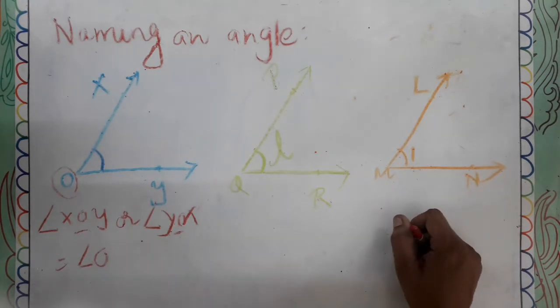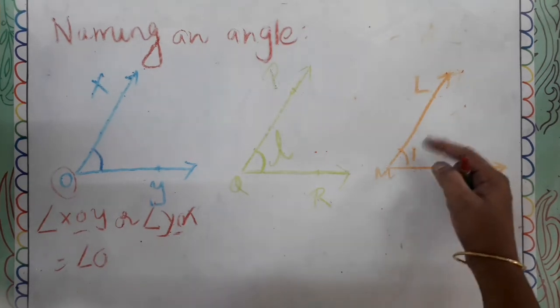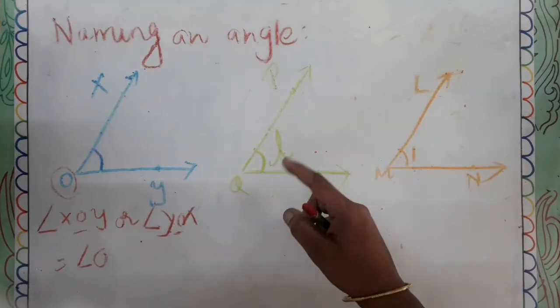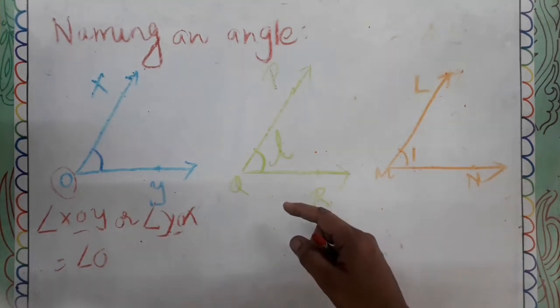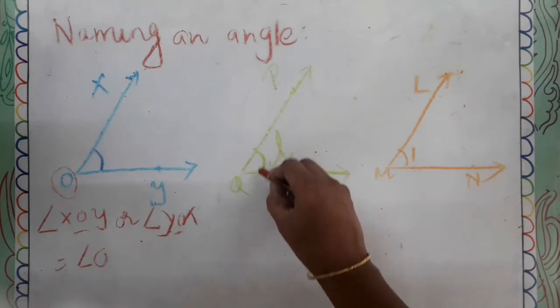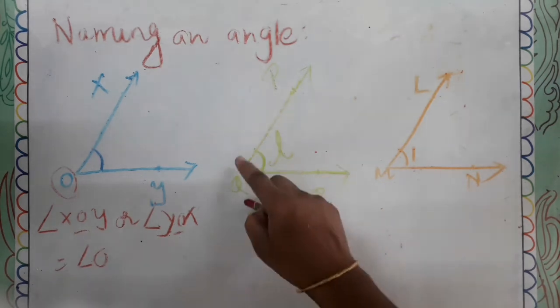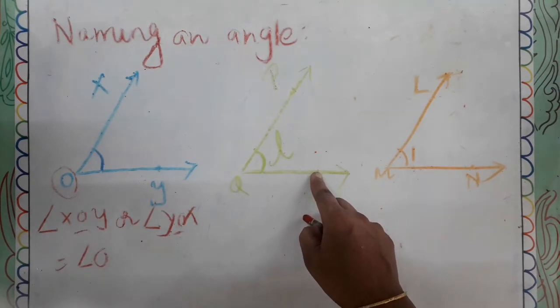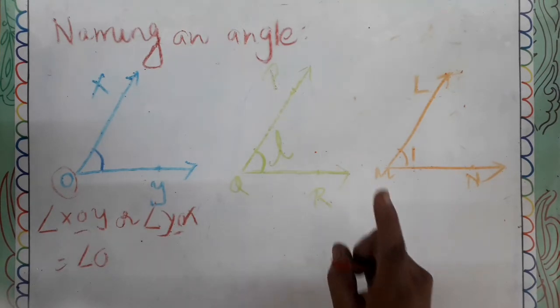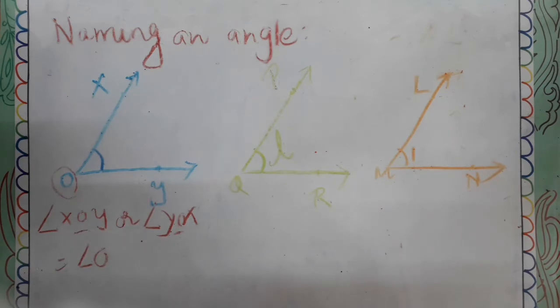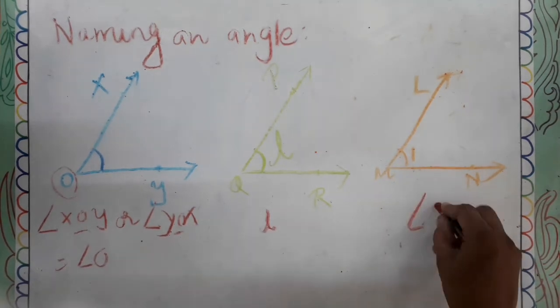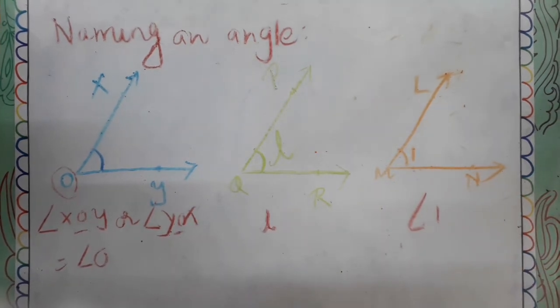We can place a number 1, 2, 3, etc., or a small letter a, b, c, l, etc., near the small curve connecting the two arms of the angle and name the angle using that number or letter. That is, here this angle is angle l, this is angle 1, and so on.